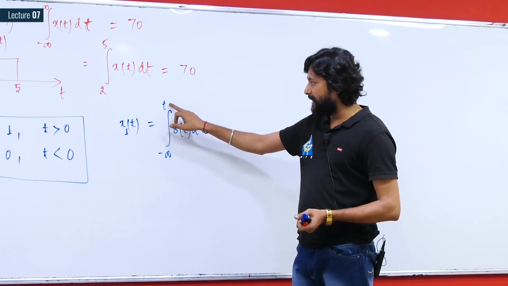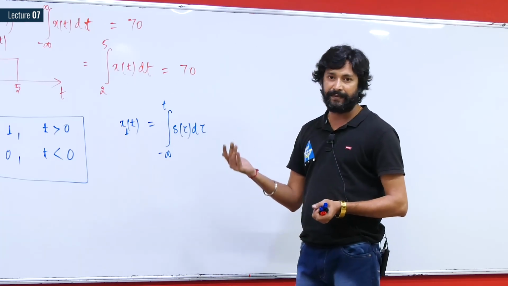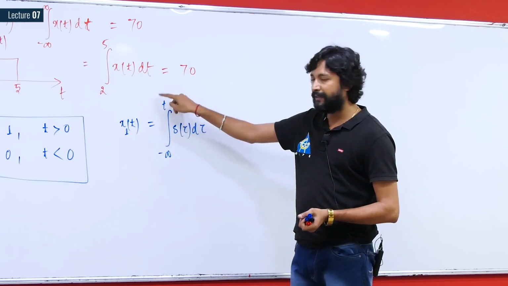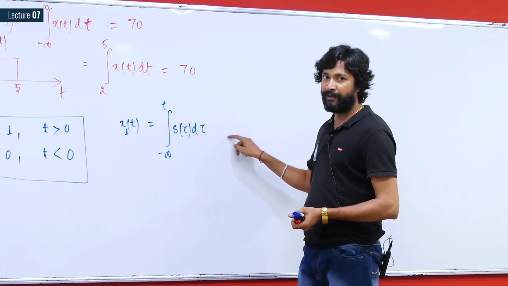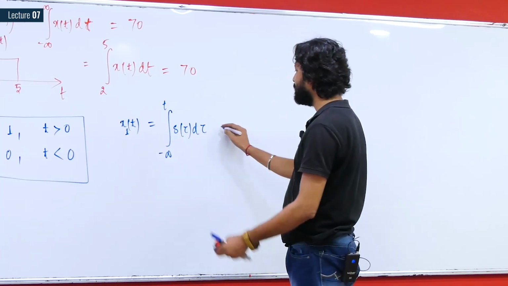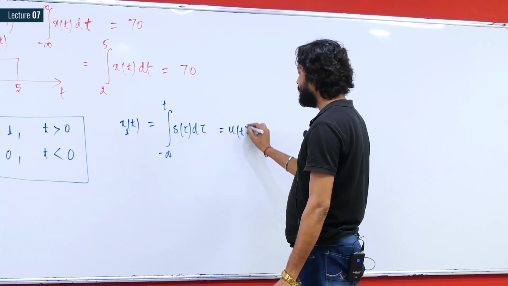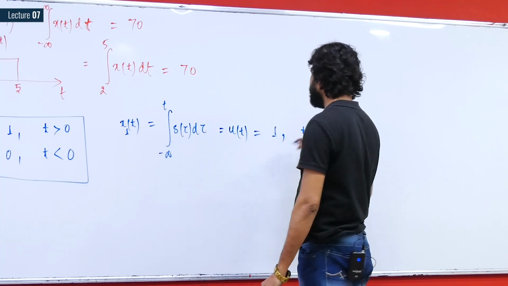So if t is anything positive, either 0 plus or 1 or 2 or infinity, in each of the cases if t is greater than 0, the result of this integration is 1. Therefore, we can say that x1(t) is nothing but u(t), as this integration has value 1 only if t is greater than 0.